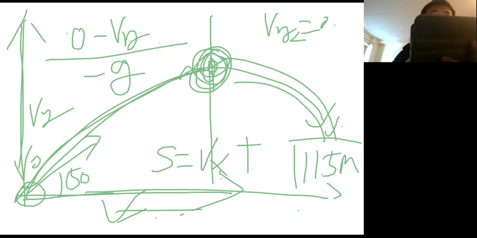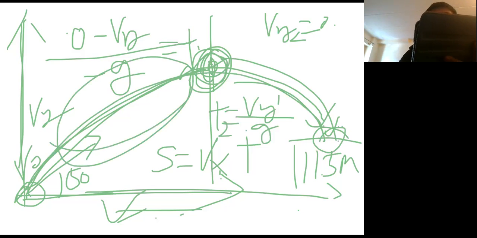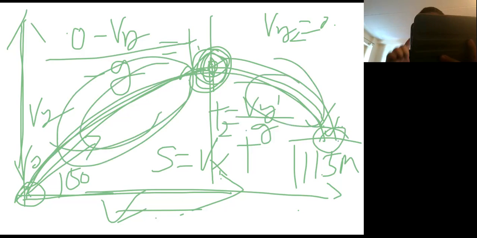From there we can get each t. We can also get the speed Vy dash, and Vy dash divided by g equals t2. So the time spent is divided into two parts, T1 and T2. That's my analysis, and let's go to the problem and solve it.